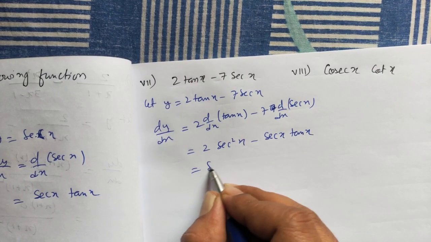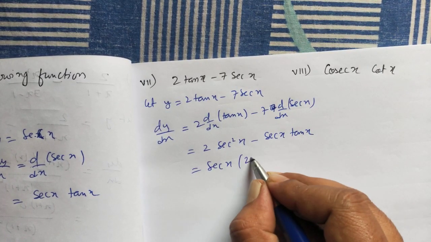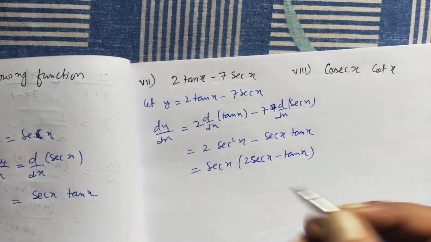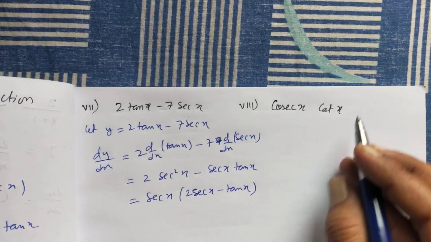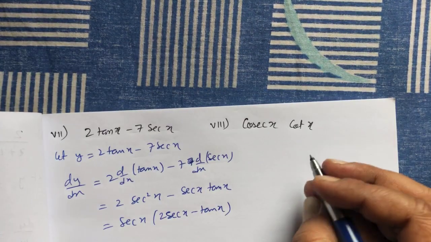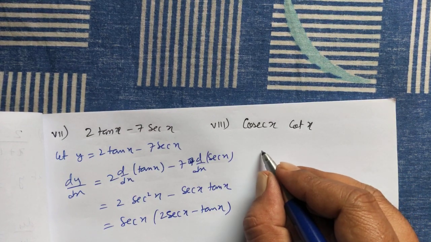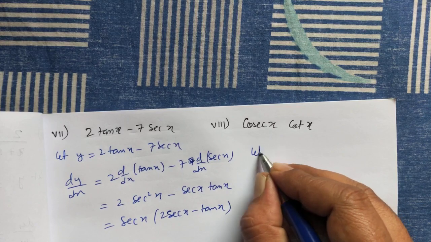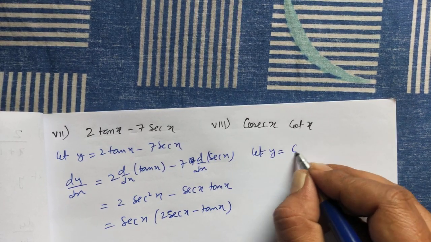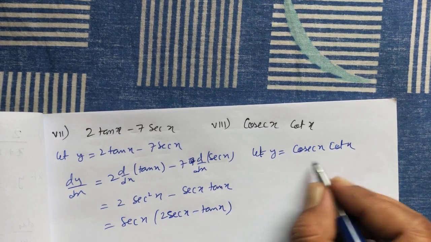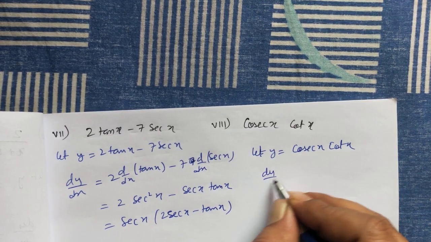You can take sec x common and you can write sec x times sec x plus tan x. This can be your answer. You just have to use the product rule here like this and get the answer.